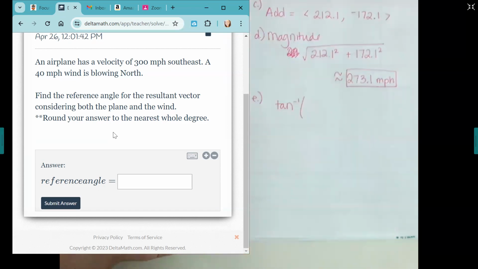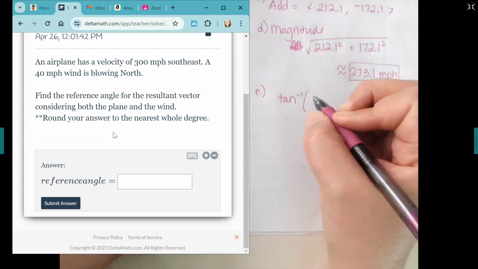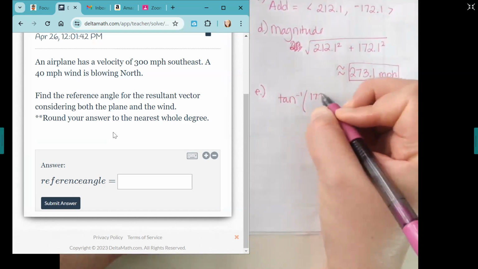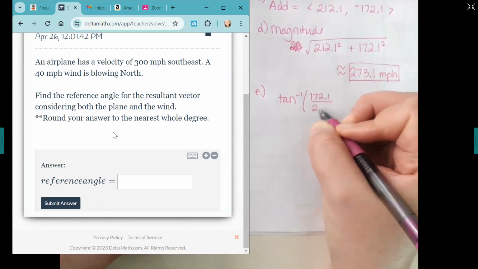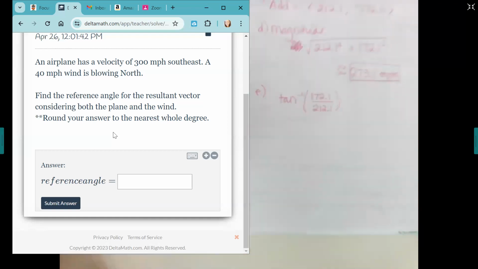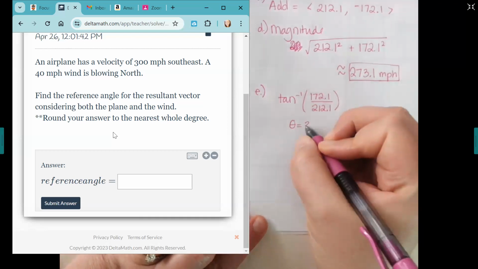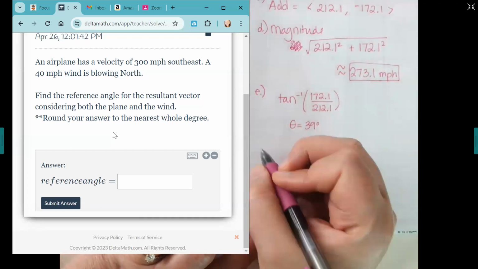And then remember tan, do I do inverse tan on x over y or y over x? My y was 172.1, my x was 212.1. So tell me what your reference angle is. It should be rounded to the nearest whole. I got 38.9, which is 39. Go ahead and type that in.